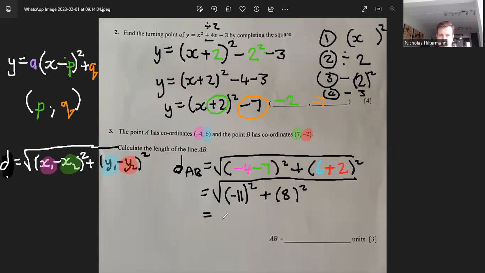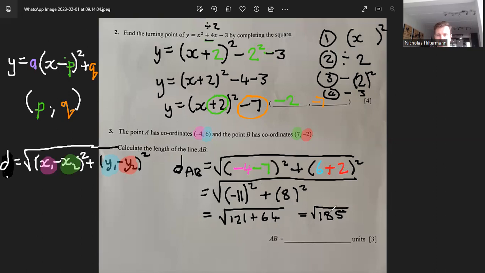Okay, and so minus 11 squared is 121. And then 8 squared is 64. And this comes to 185. Square root of 185. Okay. Now this value here, 185, is not a perfect square.